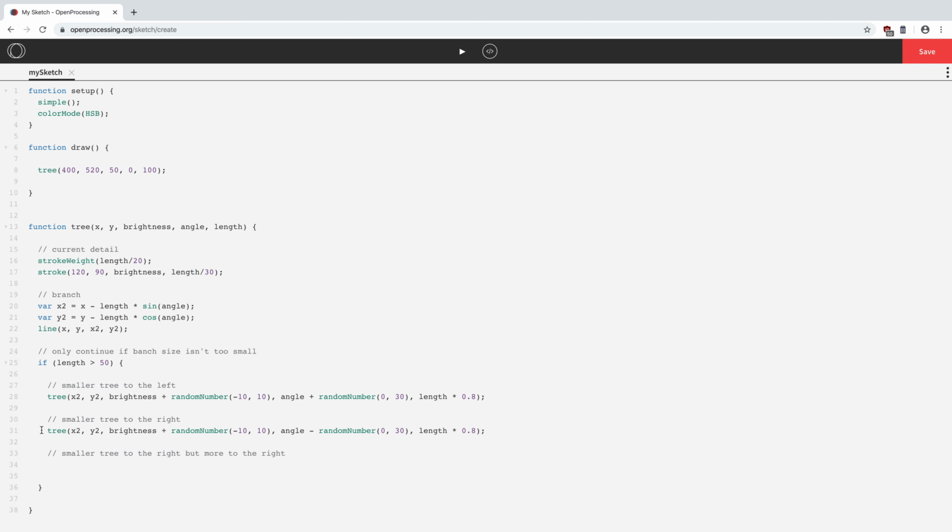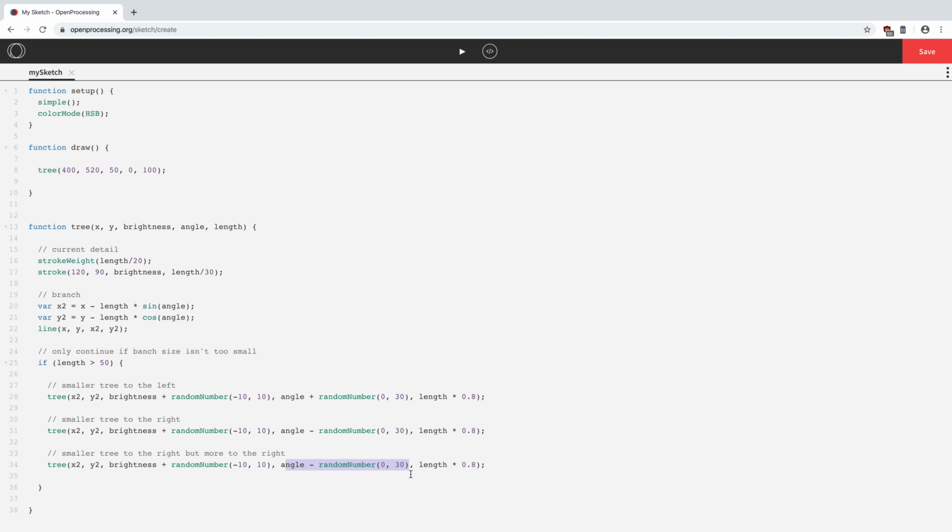So let's just copy and paste that code so it's easier to change. Copy, paste, and all that's changing is we're starting at the same place. We're adjusting the brightness by a random amount. We're saying that the length is going to be smaller by multiplying by 0.8. We're just saying that it's much more round to the right.